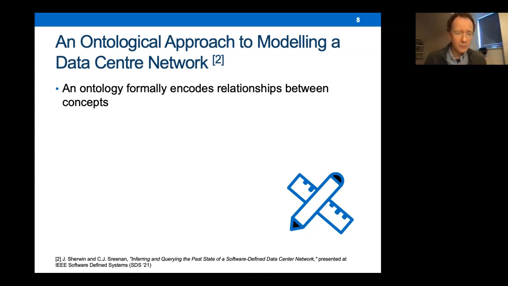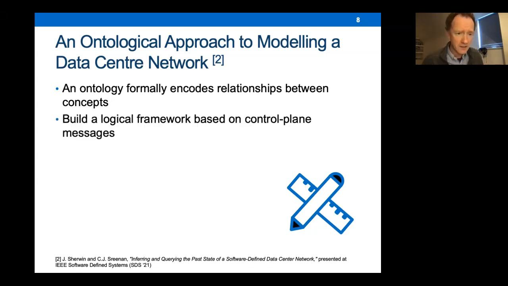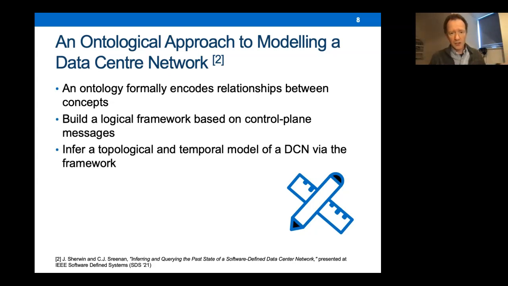With the ontological approach, well, the reasons for using an ontology, I'll come to them, but an ontology formally encodes relationships between concepts. So we had to be able to define the data center network in terms of concepts. And we built a logical framework of those concepts from control plane messages.